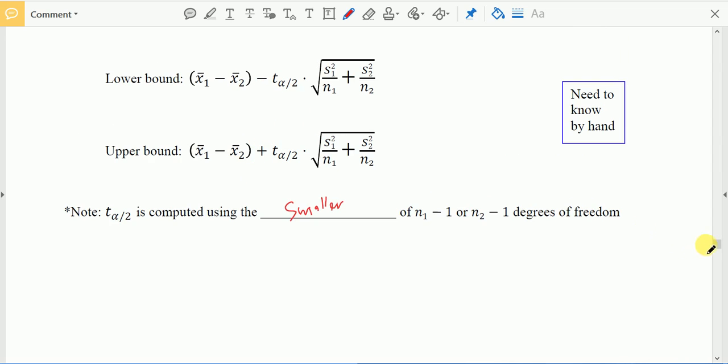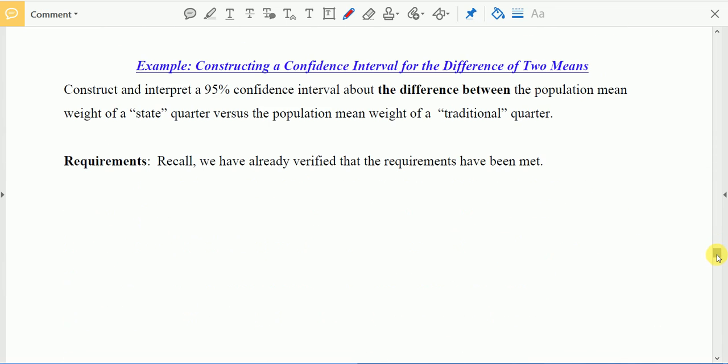Now let's try this example here. We want to construct a 95% confidence interval about the difference between the population mean weight of a state quarter and the traditional quarter. We already discussed this in the last example, so now we're just going to find the bound.